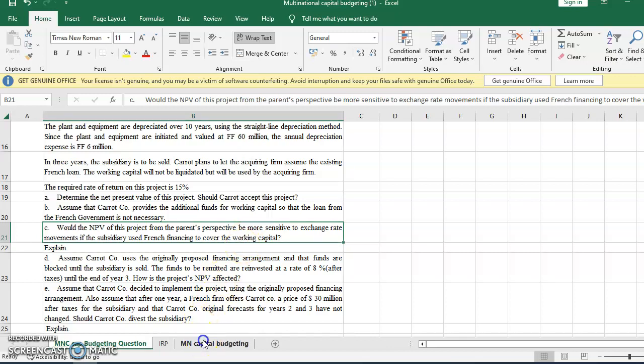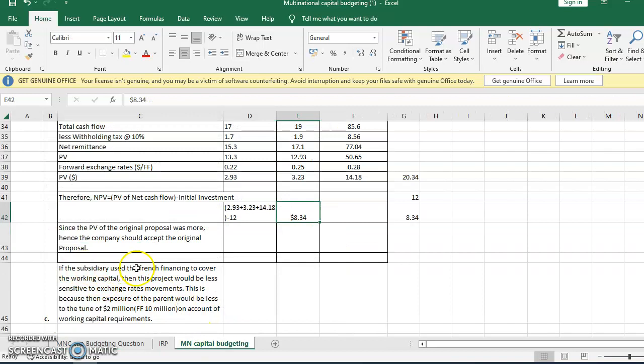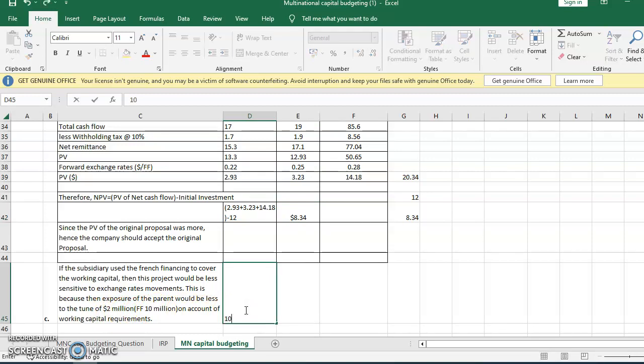So naturally the answer would be, if the subsidiary used the French financing to cover for the working capital, this project would be less sensitive to exchange rate movement. This is because the exposure of the parent would be less, to the tune of only 2 million, which is nothing but 10 million into 0.20, which is equal to 2 million. Right? That is the answer.